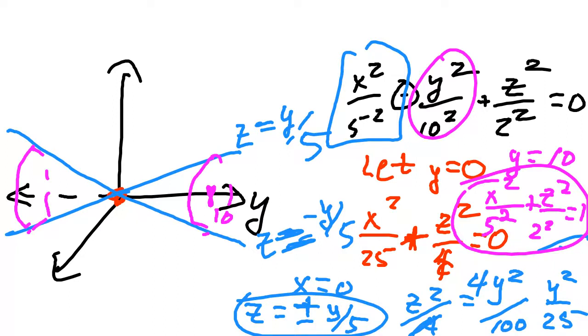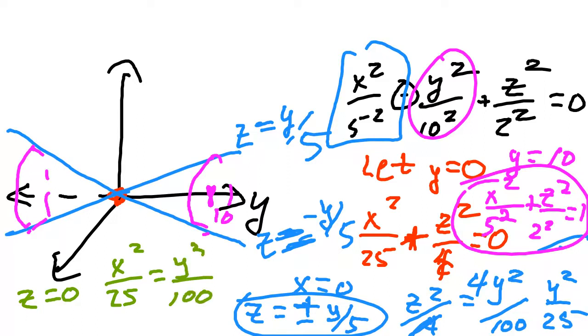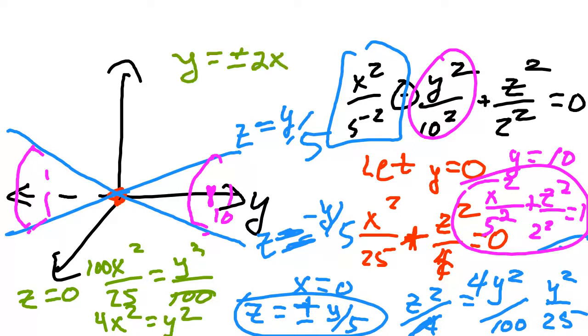And then I could do one more here. I let y be 0, I let x be 0, but I did not let z be 0. If z equals 0, what do we get? We get x squared over 25 equals y squared over 100. I'm going to multiply both sides by 100, and I get 4x squared equals y squared. Take the square root of both sides, and I get y equals plus or minus 2x.